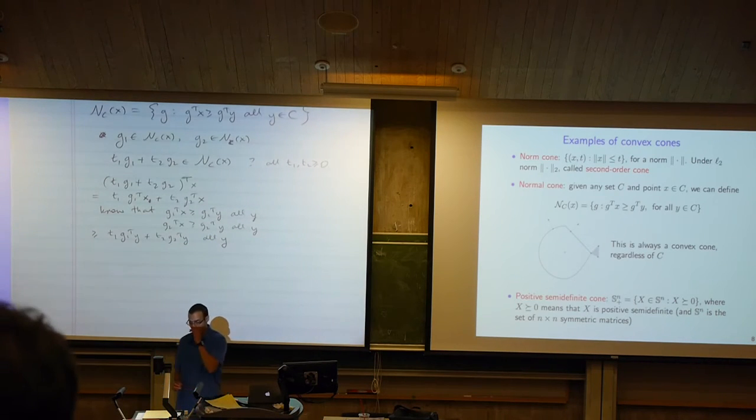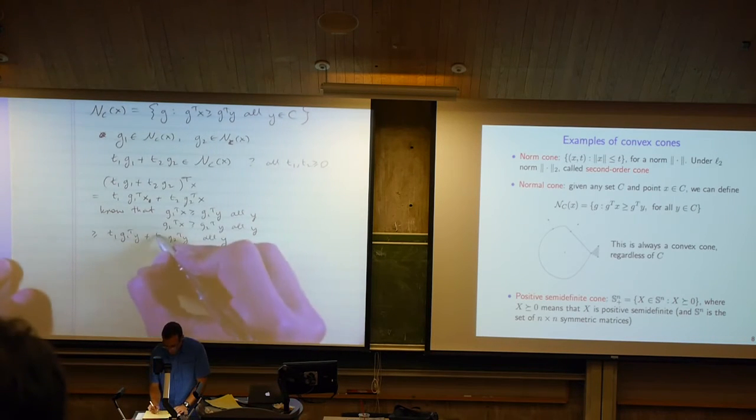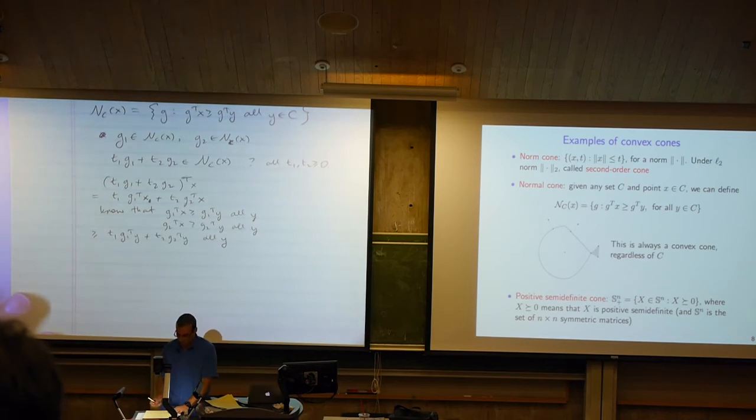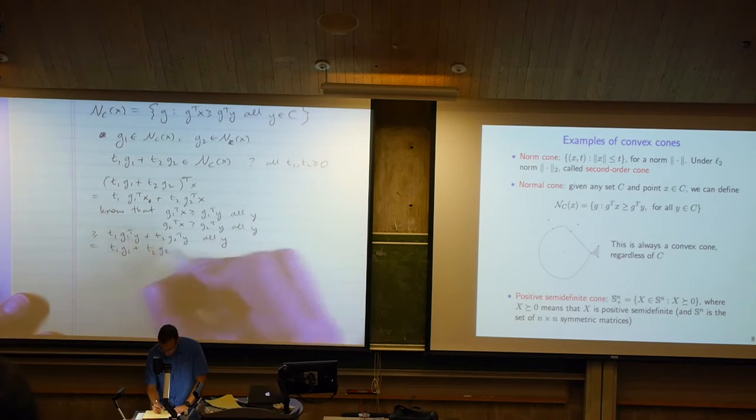It's very important that these two be non-negative. If I allow T to be negative, then one of these would be switched in terms of the inequality. And of course, that's just the same as this, going back to the linearity of inner products.